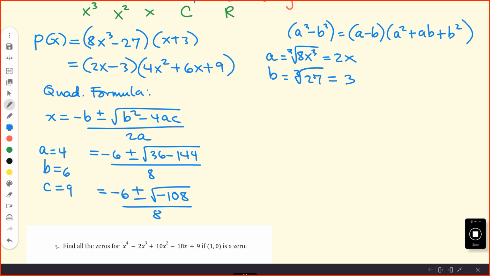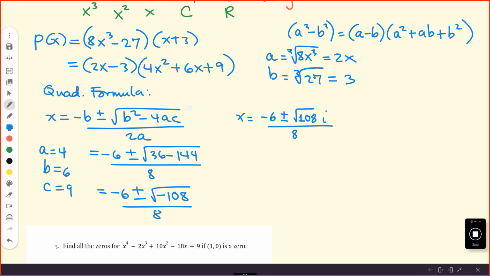Just like what we did in our previous example, we can have the square root of 108i, and we find a factor of 108 that is a perfect square. So x equals negative 6 plus or minus the square root of 108i, all over 8.